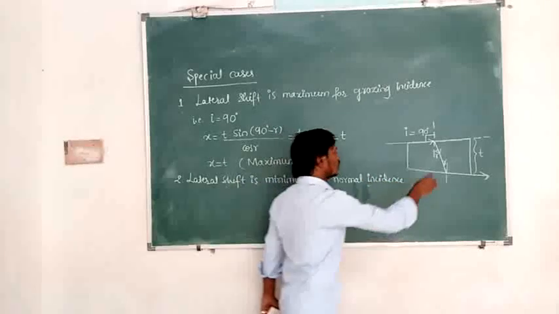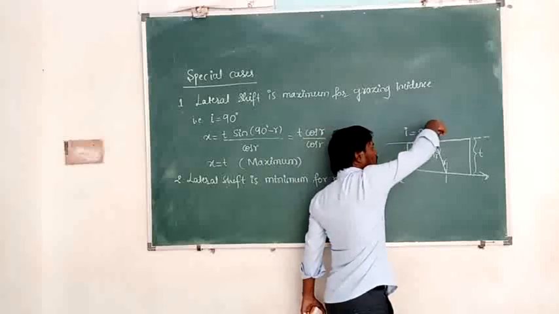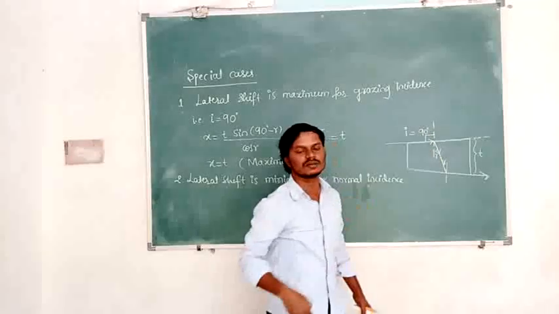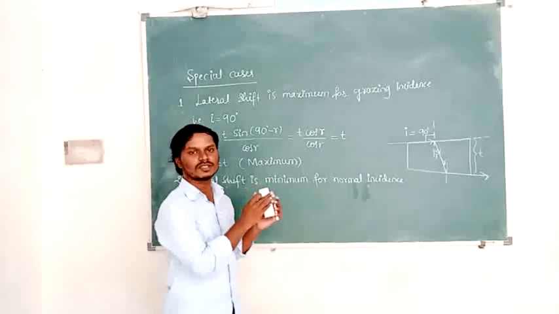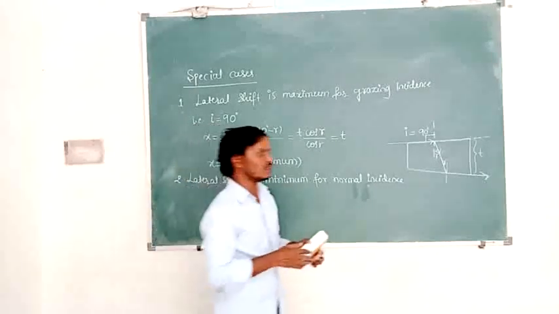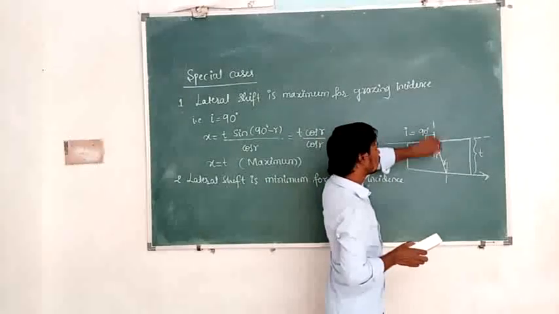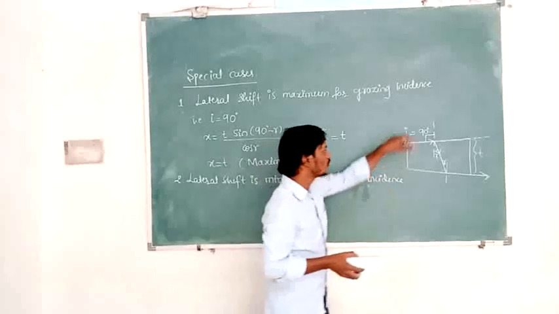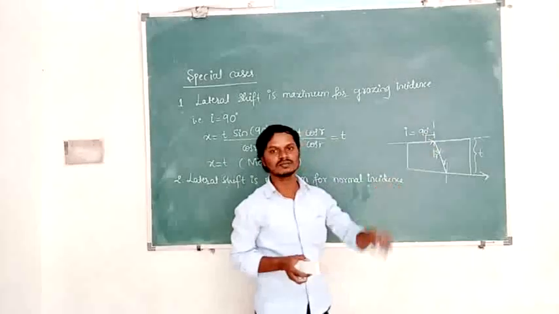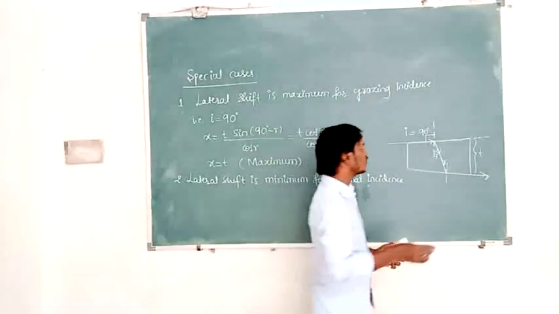See, if the light is incident along the normal, what is the angle of incidence? It is 0. Angle of incidence is the angle between the incident ray and the normal. If the incident ray and normal are in the same direction, the angle is 0. If the angle of incidence is 0, the angle of refraction is also 0 by Snell's law.